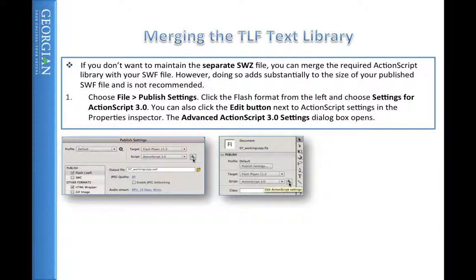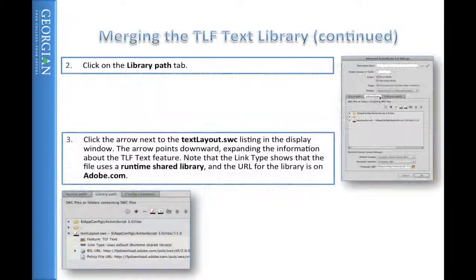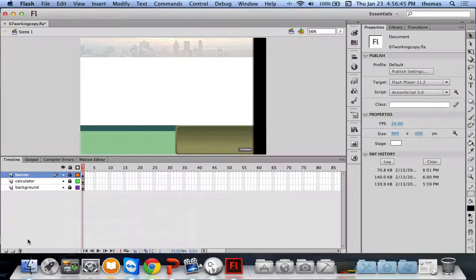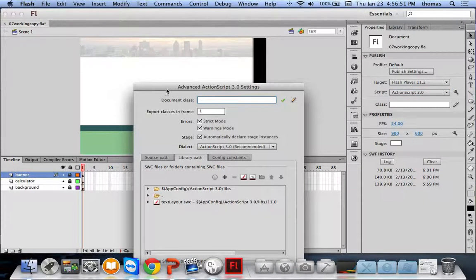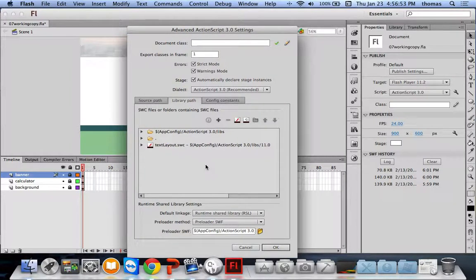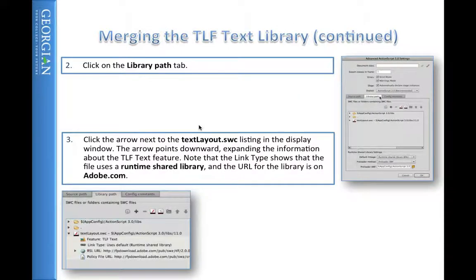Okay, so under Publishing Settings, we go to Settings for ActionScript 3, and we open up the settings dialog box. Under Library Path, so here we go. Here's the dialog box for that.